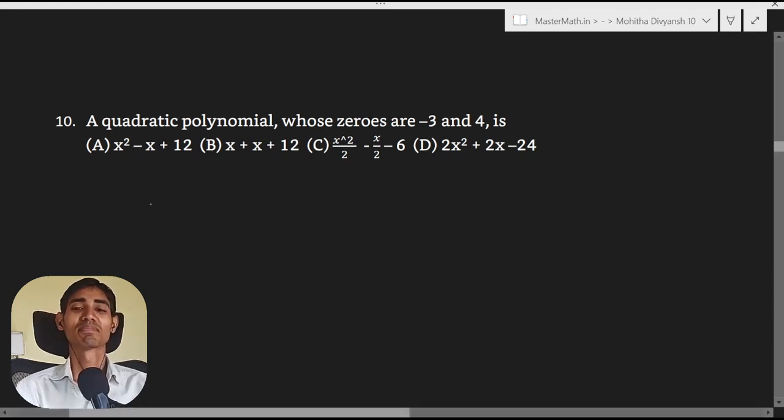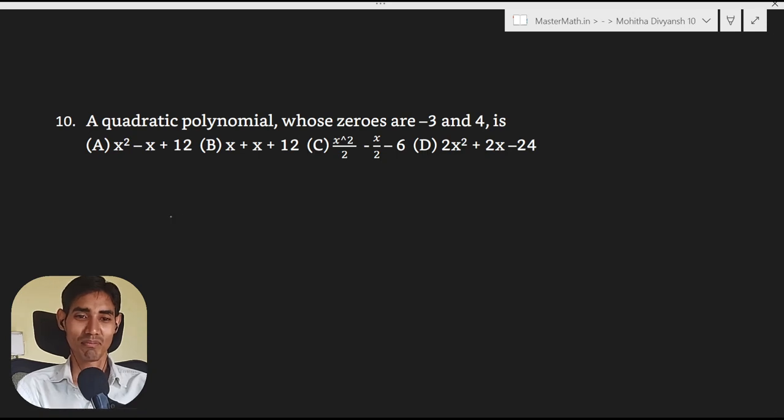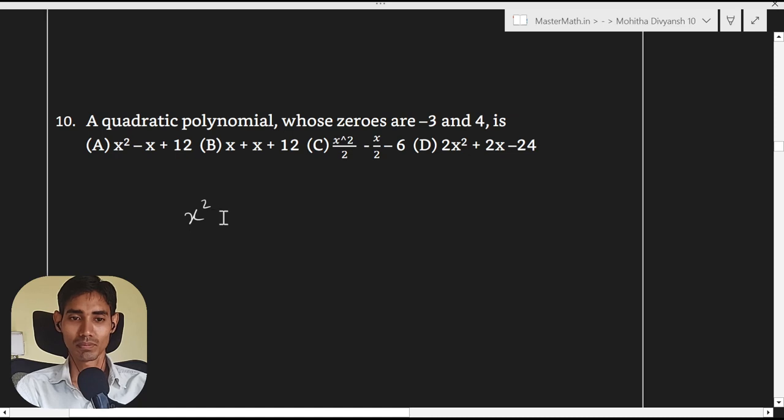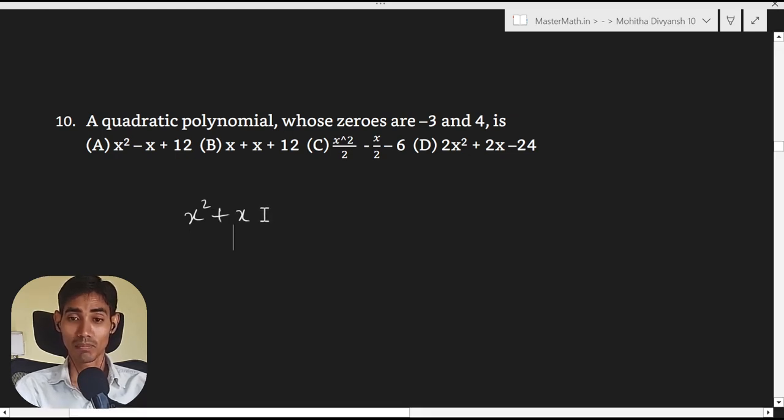Even if it is negative, the equation you get is x squared plus x minus 12. No, minus 12.